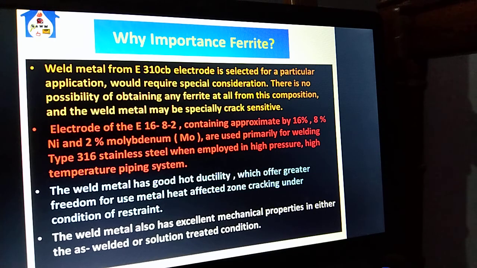The weld metal has good hot ductility, which offers greater freedom from weld metal and heat affected zone cracking under conditions of restraint. The weld metal also has excellent mechanical properties in either the as-welded or solution treated condition.